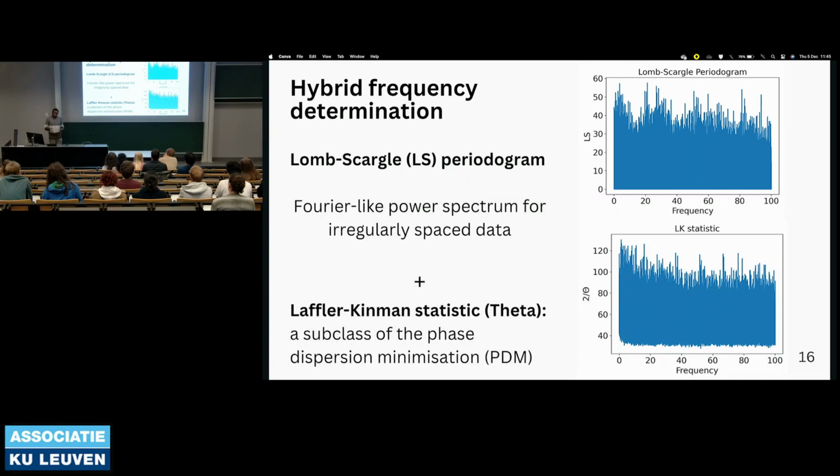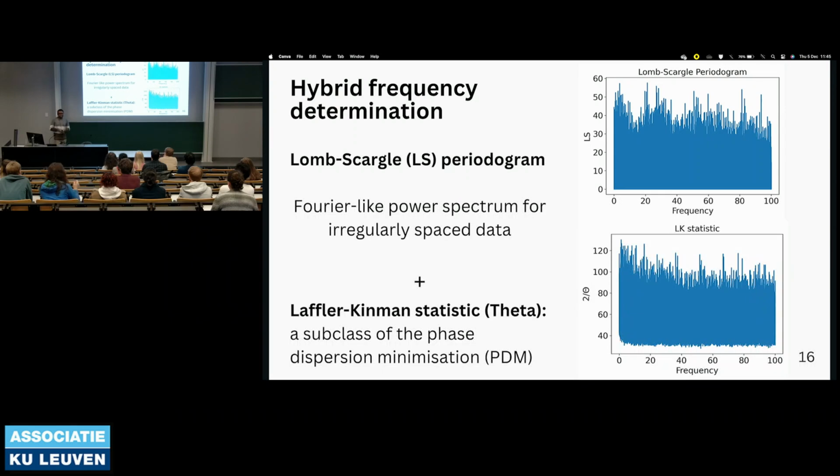It's developed to deal with irregularly sampled data. It's like an estimator of the Fourier transform. Because the Fourier transform deals with continuous data, the Lomb-Scargle is an approximation of the Fourier transform.